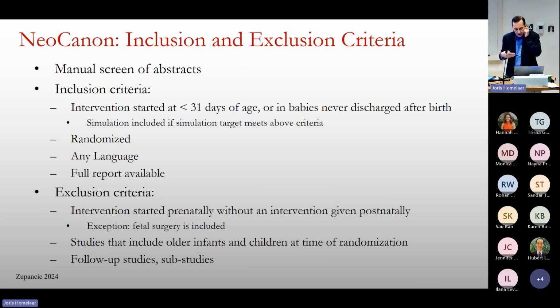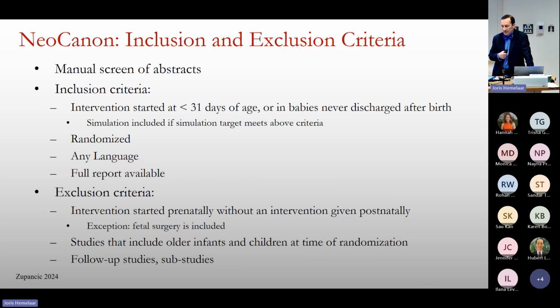Interventions started at less than 31 days of age, at a month or less, or in babies who had never been discharged home after birth. We actually included a couple of things like simulation, if the mannequin in front of you or the program was targeted at the same thing as a baby.